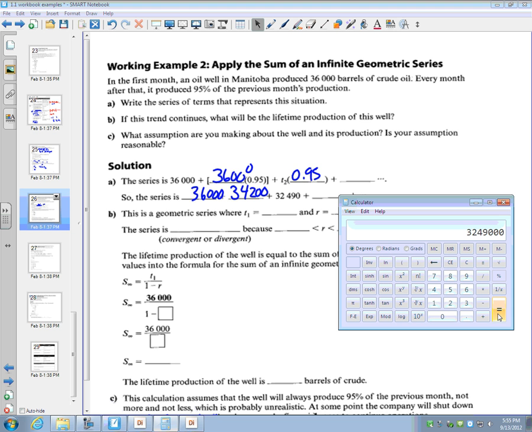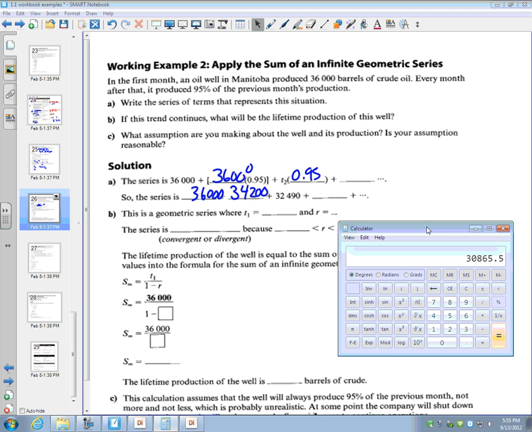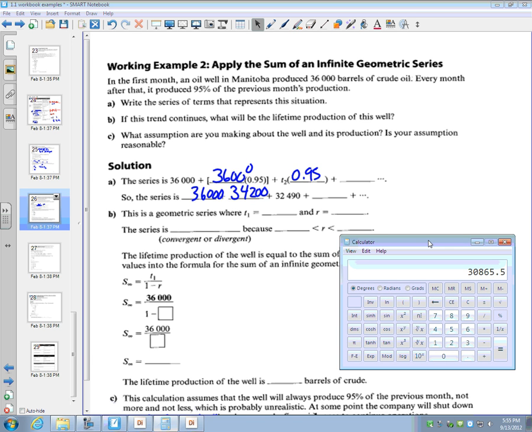Let's start over. 36,000 times 0.95 equals, okay, that's right. There we go. That's right again. And we'll times it by 0.95 one more time. We get 3865.5.